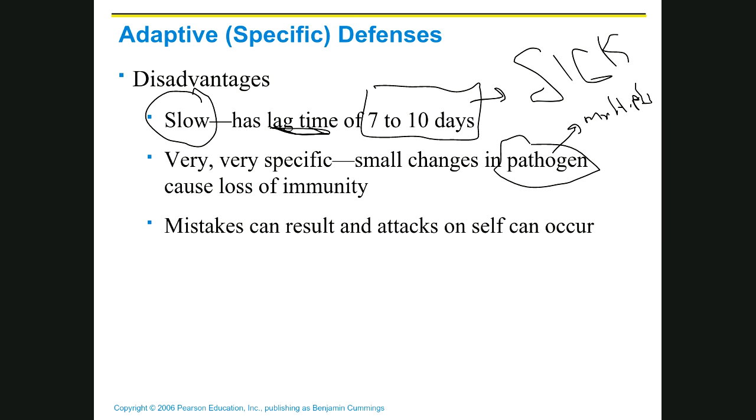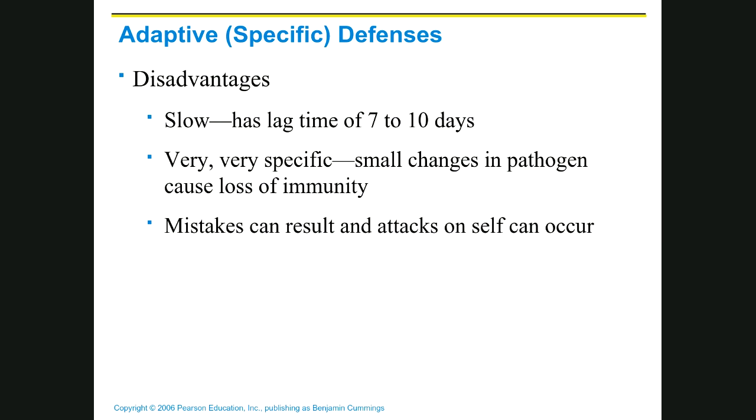But toward the end of that 7 to 10 days, we're going to start making products, and the products are going to kill the pathogen. And then slowly then you're going to get less sick until you're finally well.